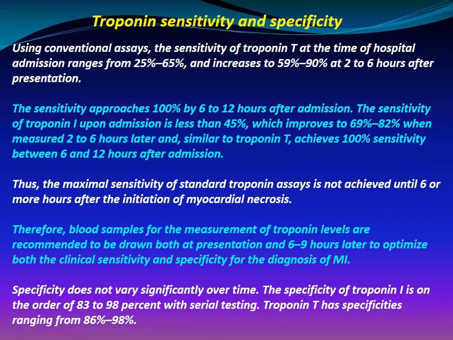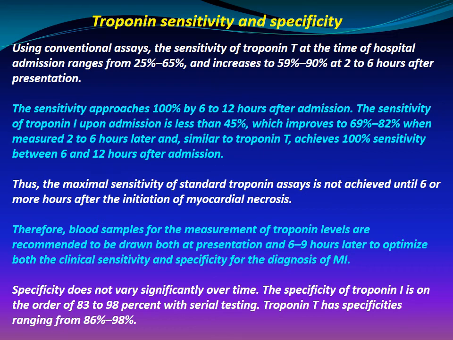Troponin sensitivity and specificity. Using conventional assays, the sensitivity of troponin T at the time of hospital admission ranges from 25% to 65% and increases to 59% to 90% at 2 to 6 hours after presentation. The sensitivity approaches 100% by 6 to 12 hours after admission.